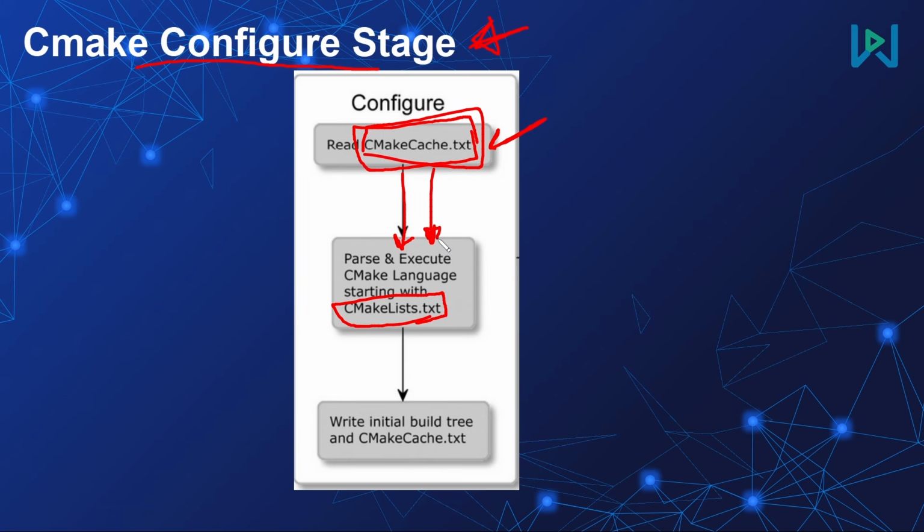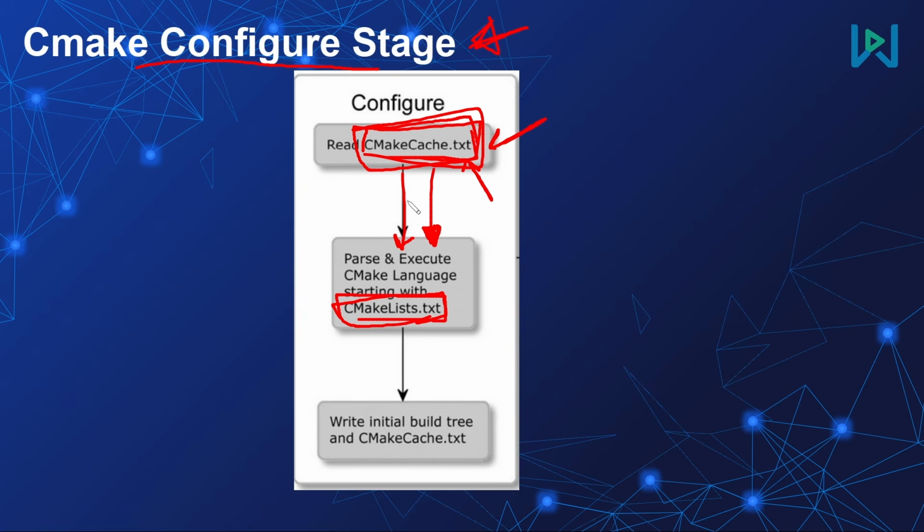So instead of writing this CMake cache from scratch, it will try to update it with the new content of our CMake list. This is one of the reasons, by the way, why it is recommended that if you update one of the .cmake files within your project, you start building from scratch, because you will be able to get rid of this CMake cache file.